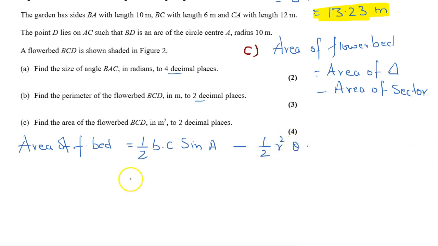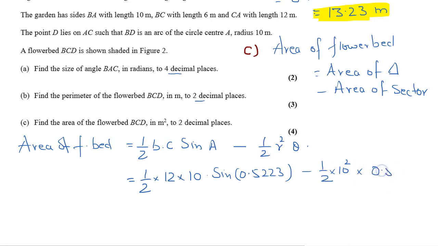We know this. So half times 12 times 10 times sine 0.5223. We know all these values. Minus half, r squared is 10 squared, and theta is 0.5223.